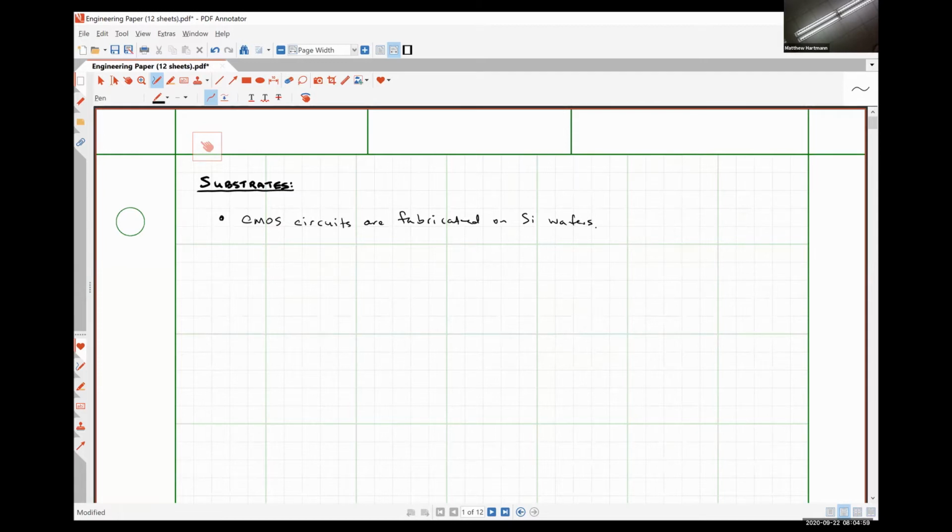We'll be looking at 2 particular views of portions of our wafer throughout this class. The first of which will look something like this. Here is our CMOS die.